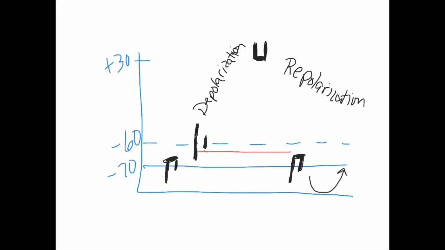No. You're not going to be able to do it again until you get back down here to this negative 70, right? So from here to here, that is the absolute refractory period. You can't get another stimulus to cause another action potential.